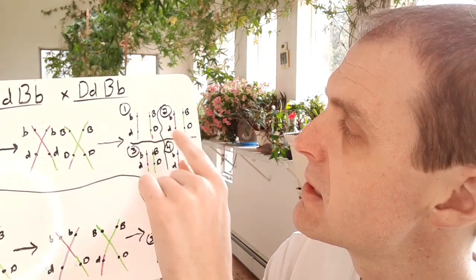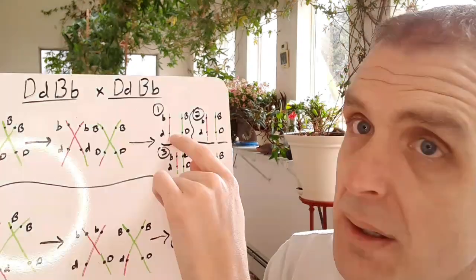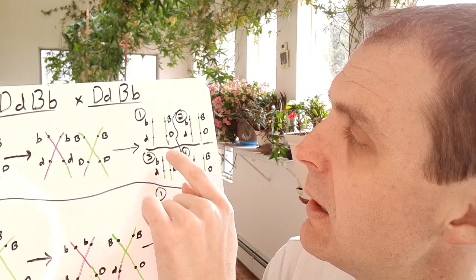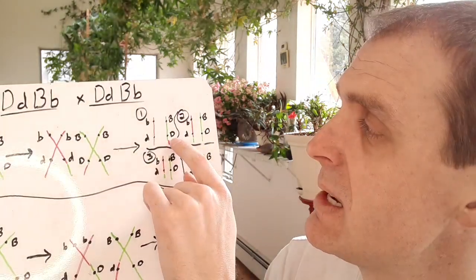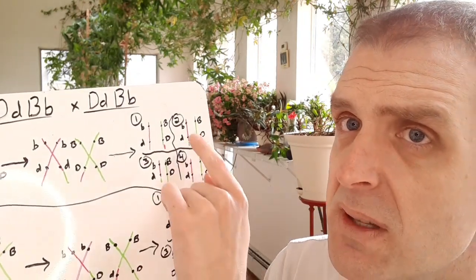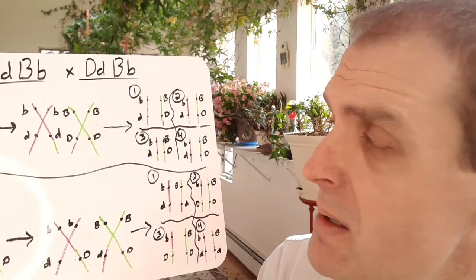In this case, we have the chromosomes that end up with lowercase d, lowercase b, or we end up with chromosomes that have uppercase B, uppercase D, and you can't find an exception to that rule amongst the 4 different possible outcomes for the gametes from those cells.